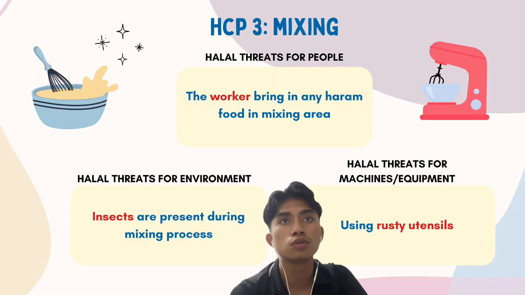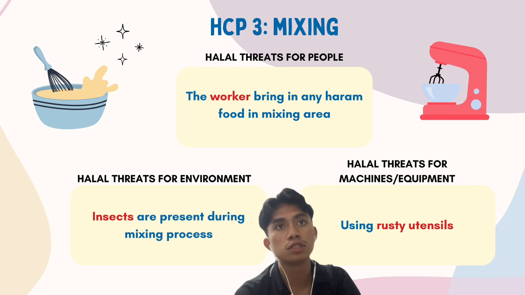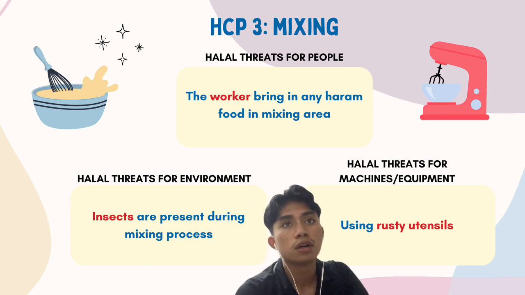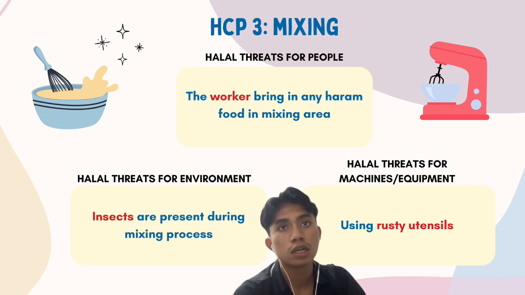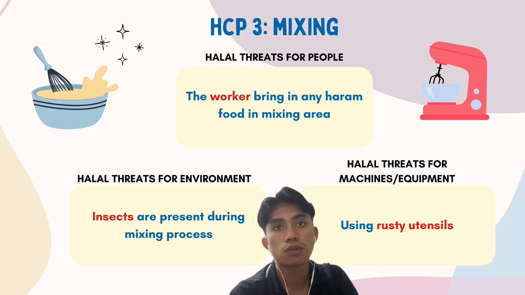So let's move on to HCP3, which is mixing. Halal threats for people in the mixing process is the workers bring in any haram food in the mixing area. For halal threats for environment, insects are present during manufacturing.